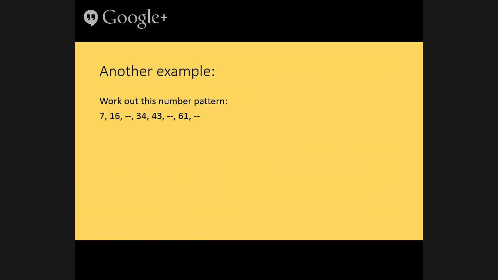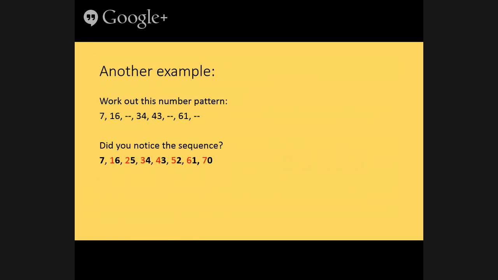See if you can work out this number pattern. So what numbers would be placed in the gaps and what rule is at work here. Right, let's look at the answer. Did you notice a specific sequence?